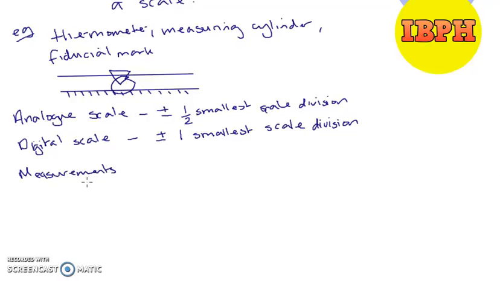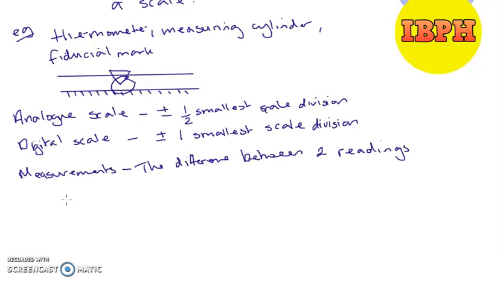If we've got a difference between two readings, we're going to have plus or minus 1 smallest scale division for an analog scale. Digital scales is always going to be a reading, but for an analog scale, when we're doing a measurement, it's the difference between two readings.